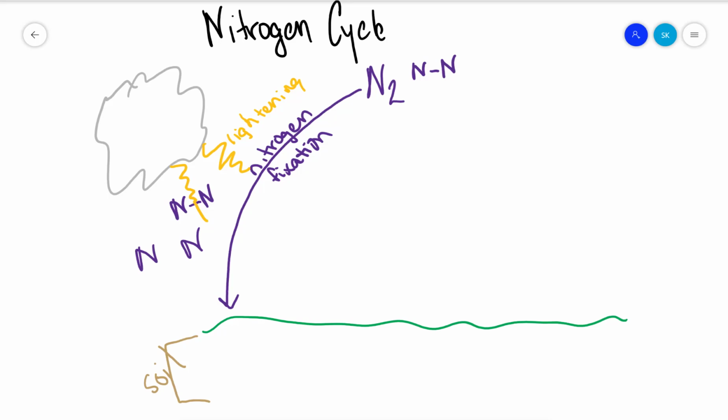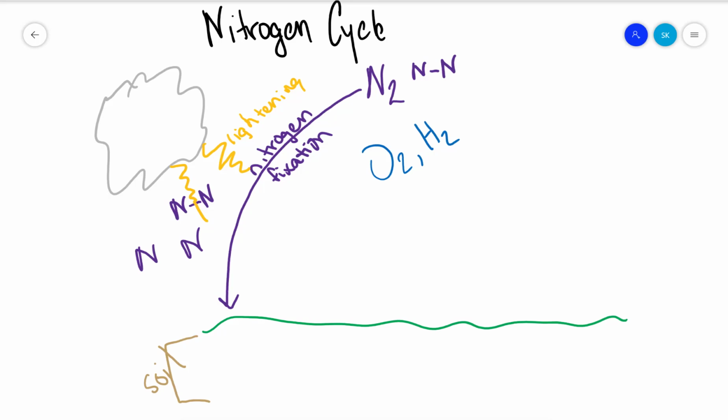So another thing we have floating around in our atmosphere is oxygen. We got a lot of oxygen and we got a lot of hydrogen. All right. And so these are going to want to bond together. So we can do a couple of things here.